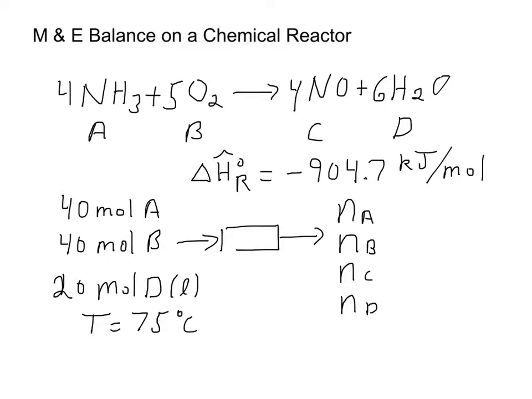And the temperature here will be 300 degrees C. The question will be how much of each material comes out and how much energy must be removed from the reactor to assure these conditions. We need one process specification, and that will be that the fractional conversion of A is equal to 0.5. 50% of the ammonia fed to the reactor will be reacted.